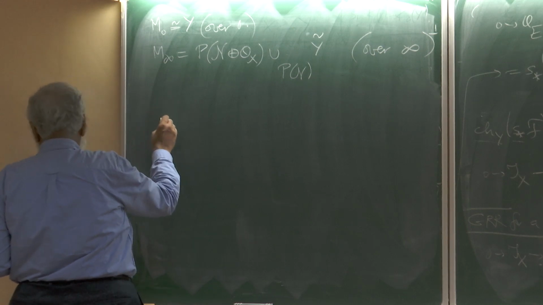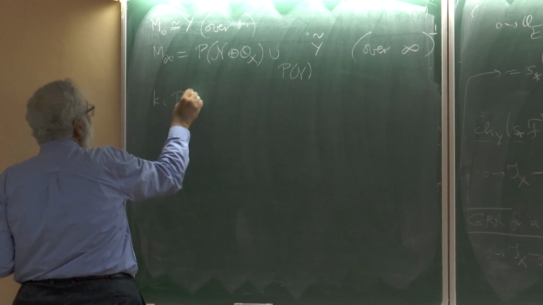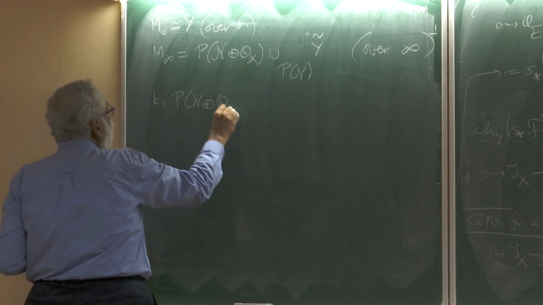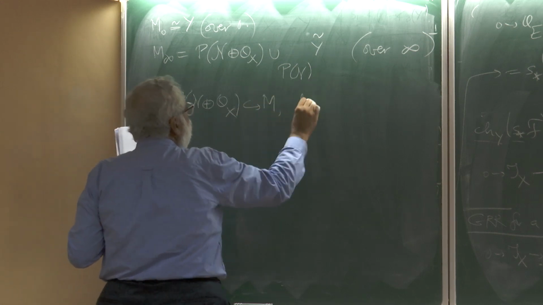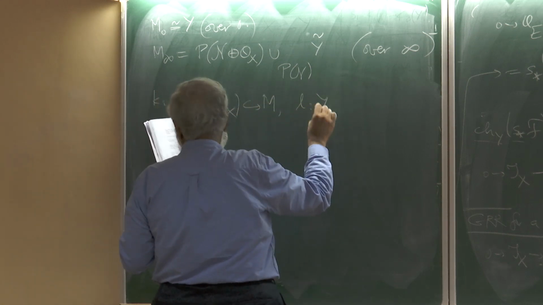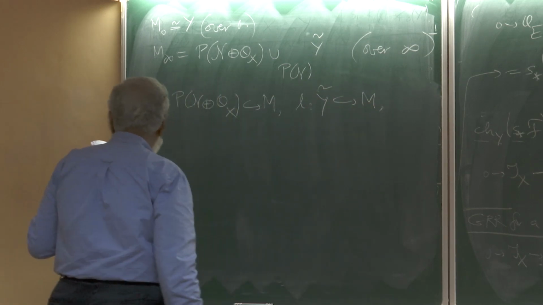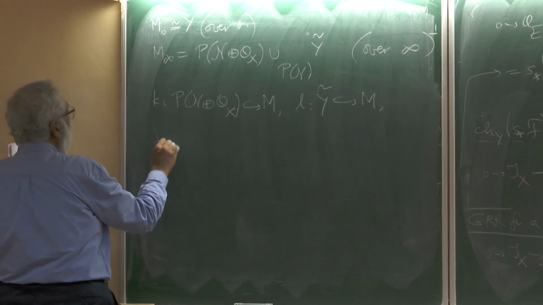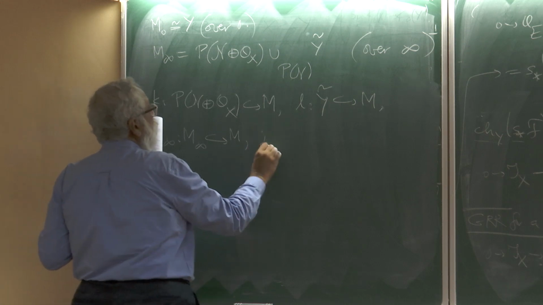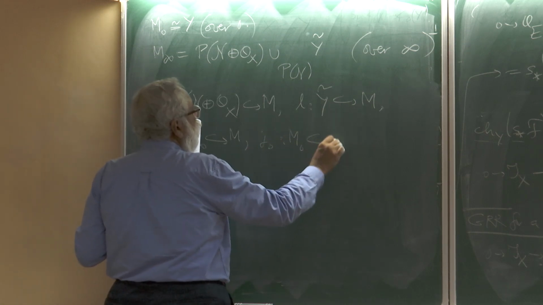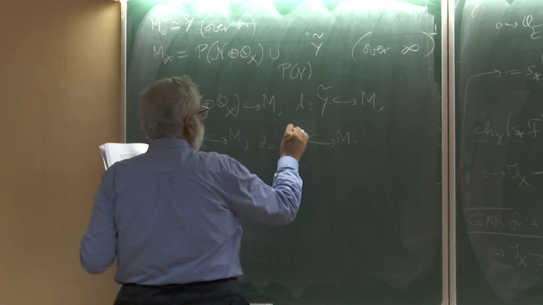And then I have various morphisms. For example, I have K, the inclusion of P of N plus OX in M. I have L, the inclusion of Y tilde in M. And I have J infinity, M infinity containing M, J0, M0 containing M, or Y to M, I can say.